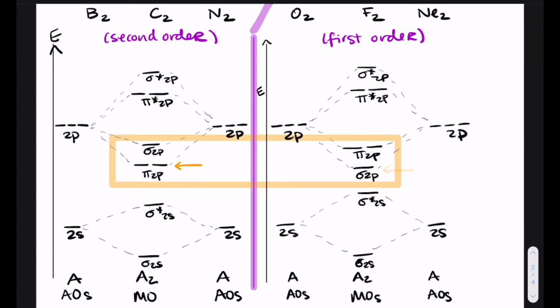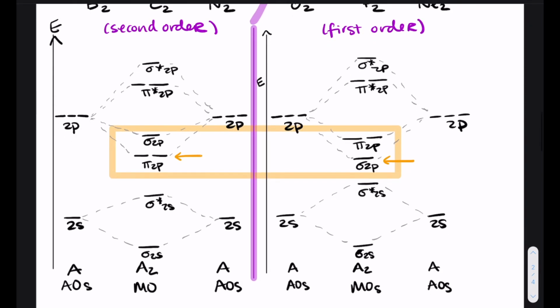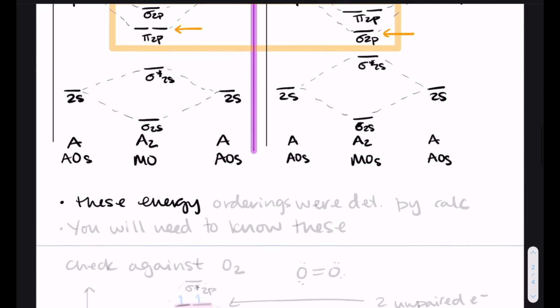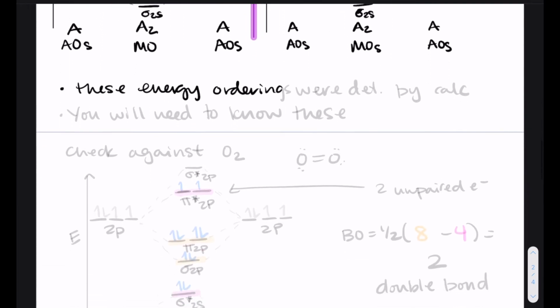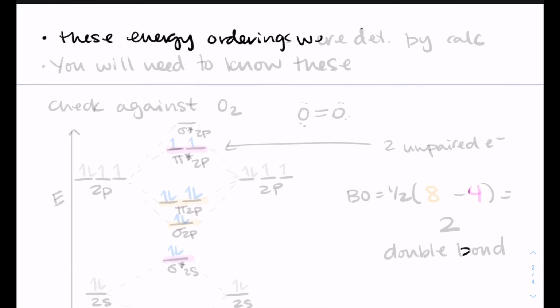So in second order, it's the pi 2p. So second order is 2 and then 1. First order is 1 and then 2. So in first order, the sigma 2p is lower than the pi 2p. Again, these were determined by calculation. I would like you to know these and be able to put them together.